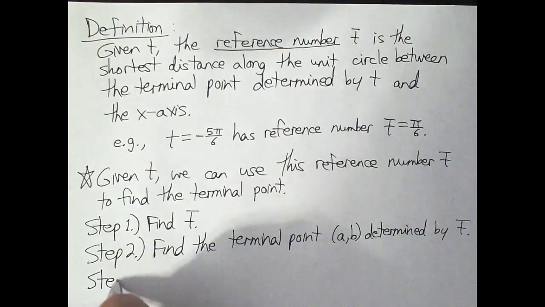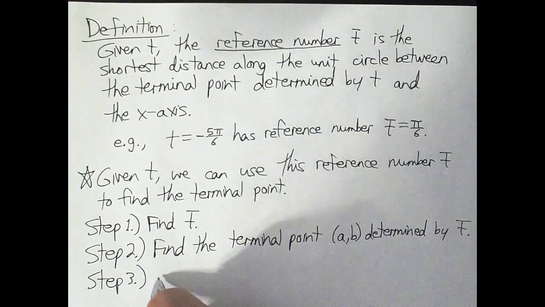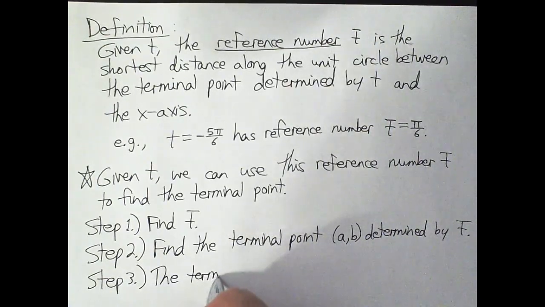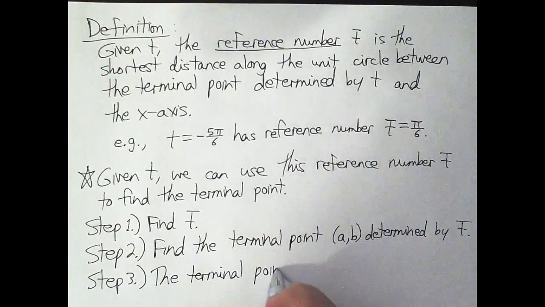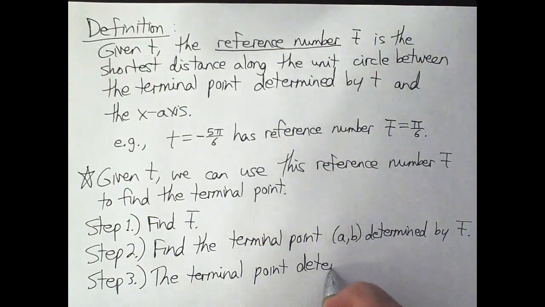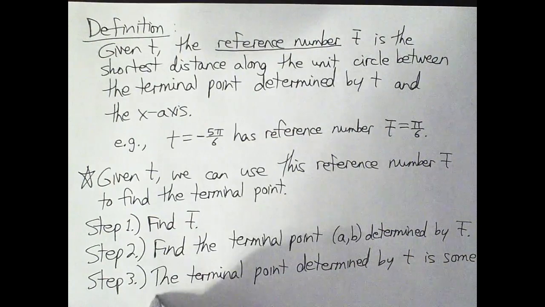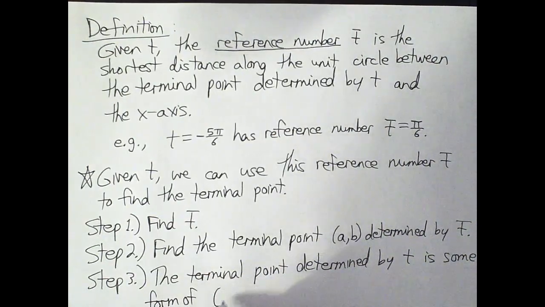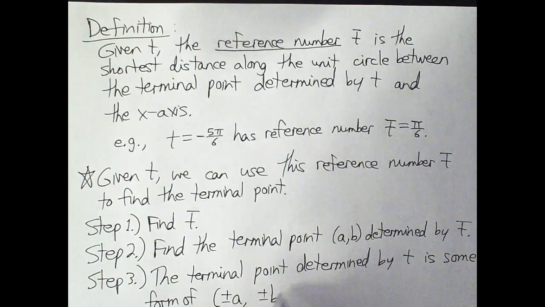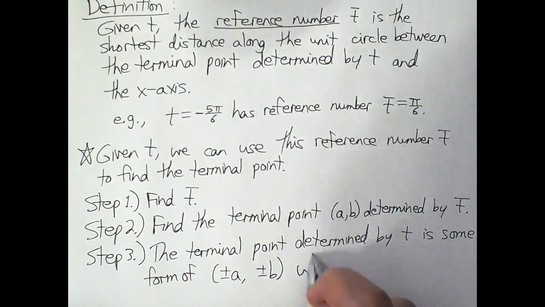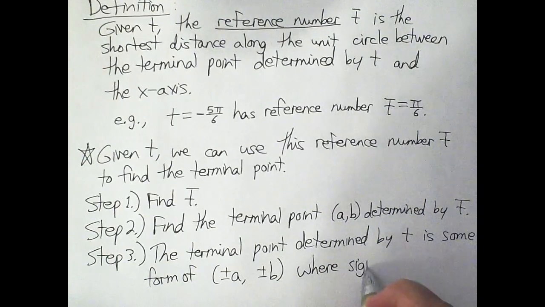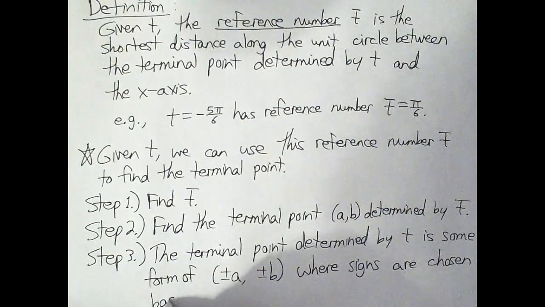Step 3. This is the last step. So the terminal point determined by t, this is what we really want, is some form of plus or minus a, comma, plus or minus b, where signs are chosen based on quadrants.